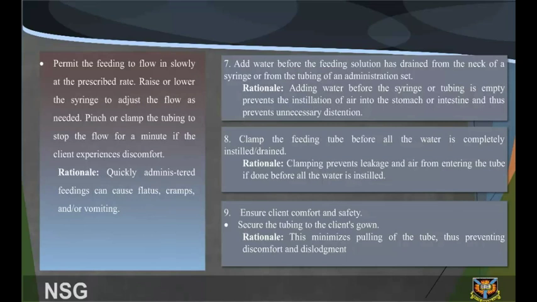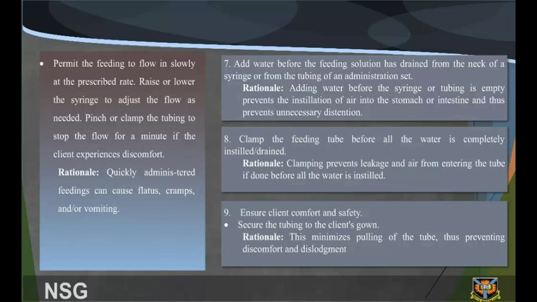Permit the feeding to flow in slowly at the prescribed rate. Raise or lower the syringe to adjust the flow as needed. Pinch or clamp the tubing to stop the flow for a minute if the client experiences discomfort. Rationale: quickly administered feedings can cause flatulence, cramps, and/or vomiting.